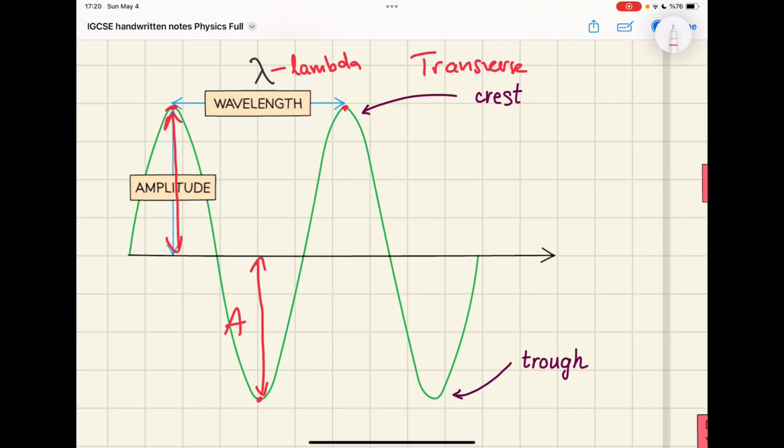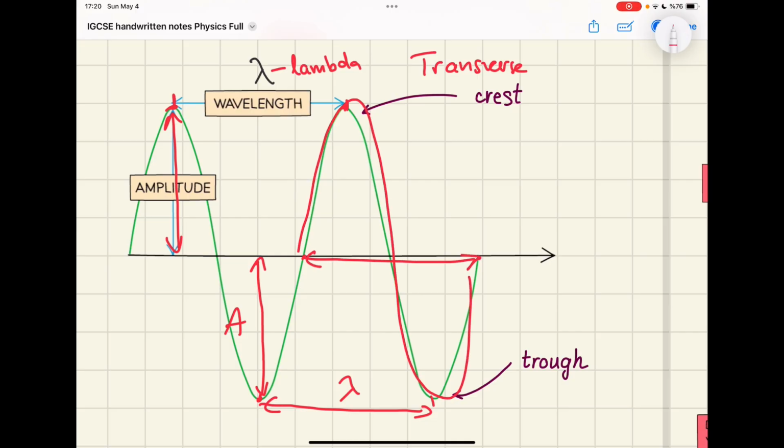In this context, this is between two crests. It can also be between two troughs, and this would also be lambda. It can also be between this point and this point, as you see, which are corresponding points, because this is a full oscillation of a wave.